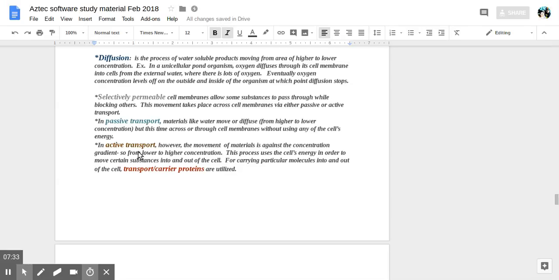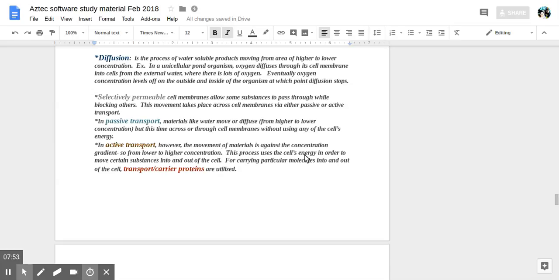In active transport, however, the movement of materials is against the concentration gradient, so from lower to higher concentration. I messed up right there.